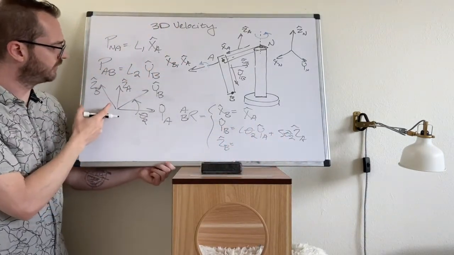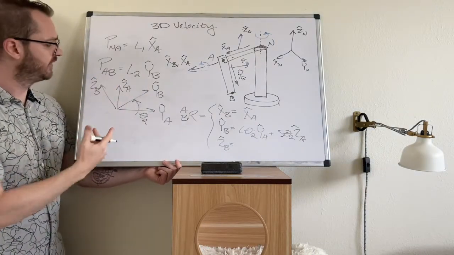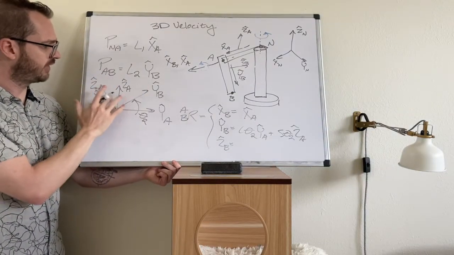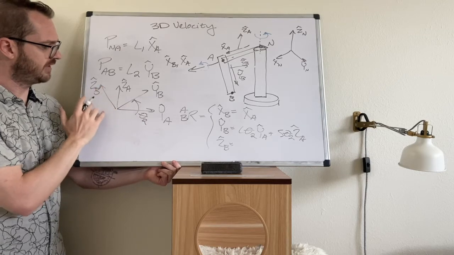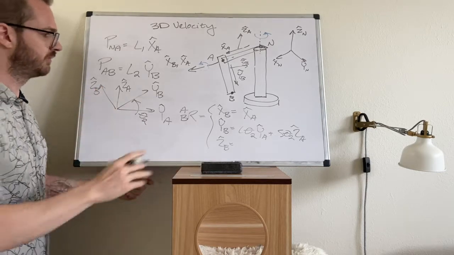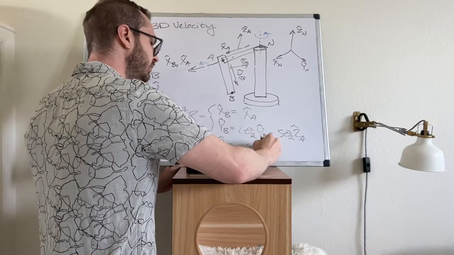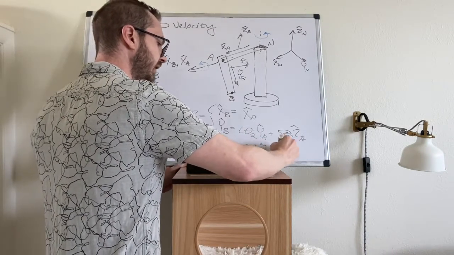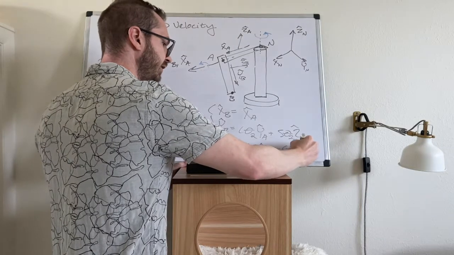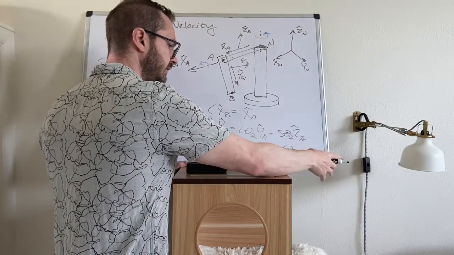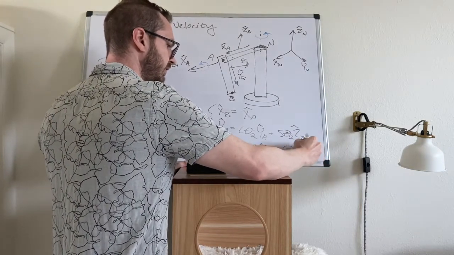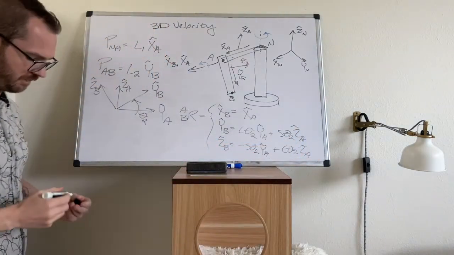And the Z axis is where the Y normally is. We can see that it's going to be cosine between the Z's, and negative sine with respect to the Y. So this is negative sine theta 2 YA plus cosine theta 2 ZA. There we go.